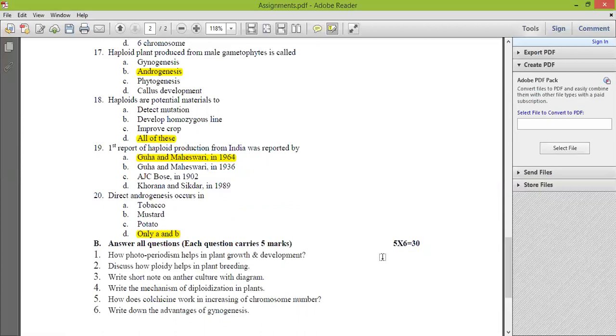Most of you have written a huge answer, but I asked for the terms development and growth.